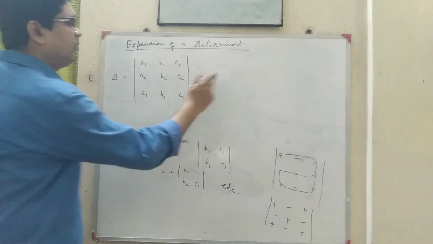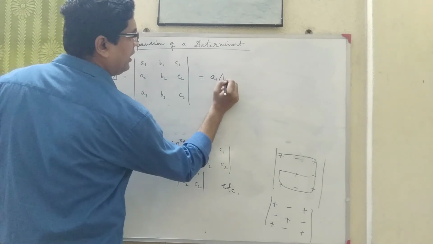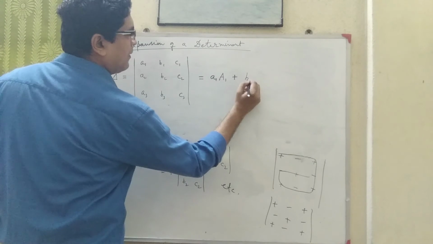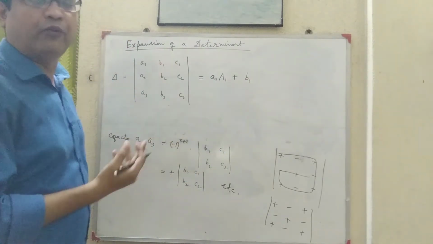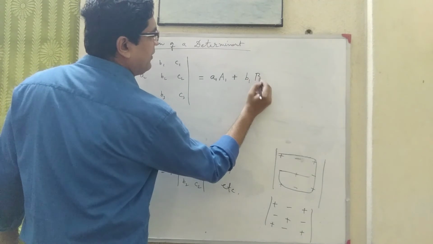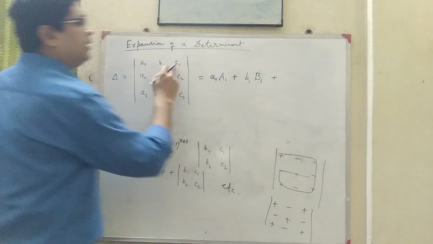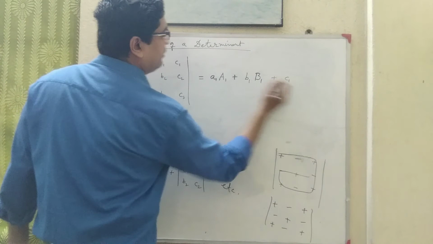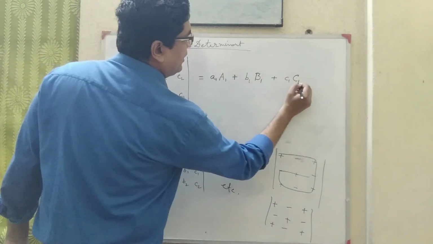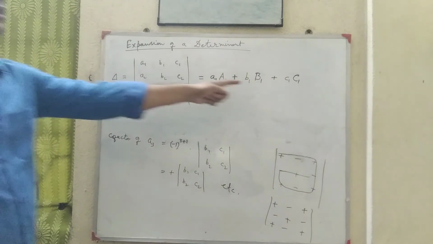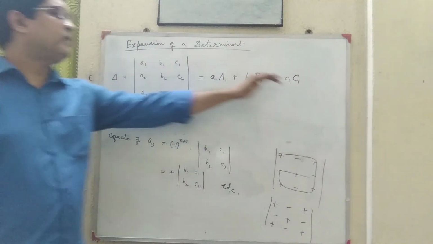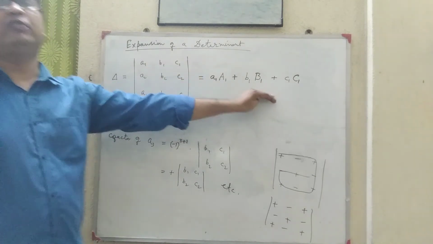Suppose we denote it by capital A1, plus B1 into the corresponding cofactor of B1, capital B1, plus C1 into the corresponding cofactor of C1, capital C1. So this is called the expansion of a third order determinant.